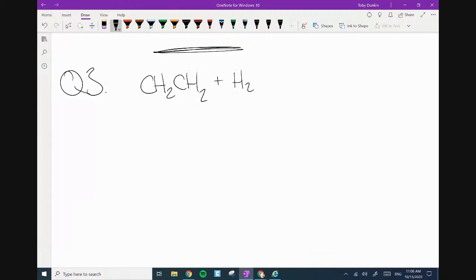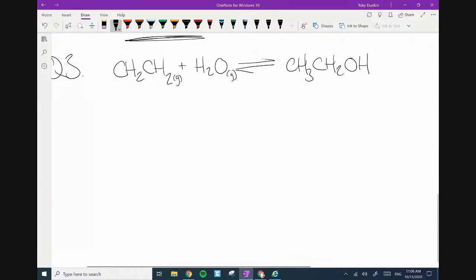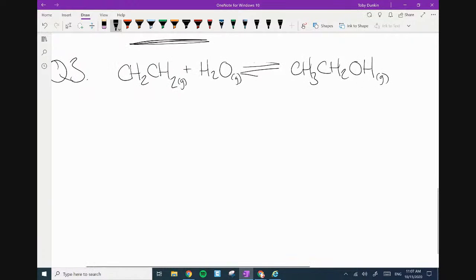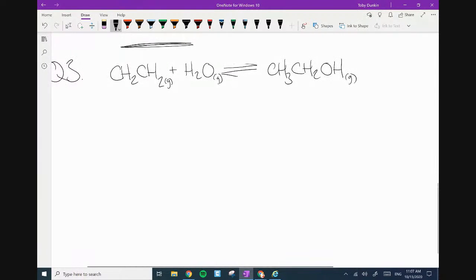Ethene plus steam goes to ethanol. I like it, and that's a gas as well. Right. So I'm going to tell you that that forward reaction is minus 43 kilojoules per mole.